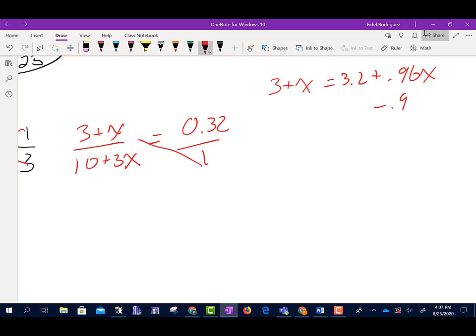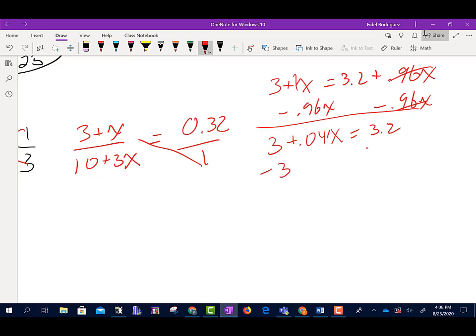So let me subtract this on both sides. All right, so I want you to think about it this way. Think of that as $1 minus 96 cents. How much do I have left? 4 cents.